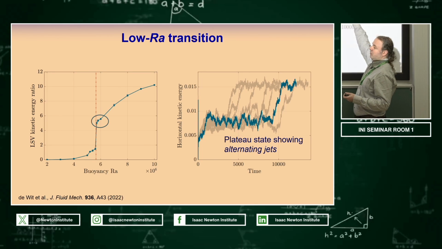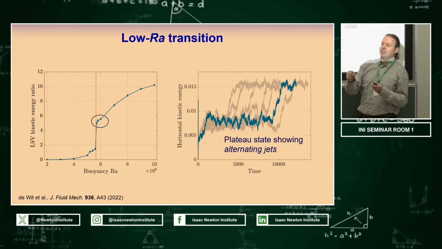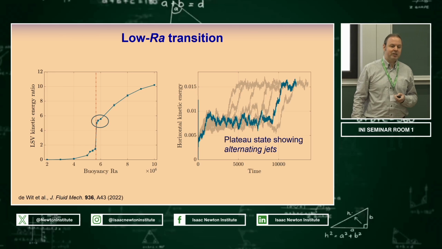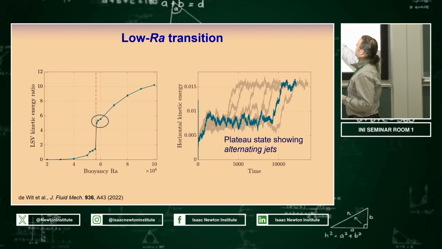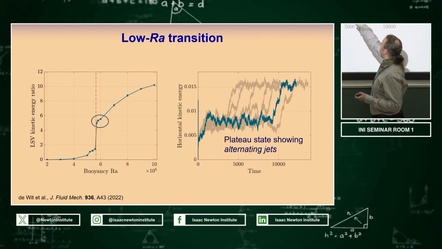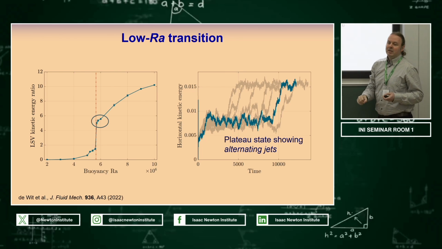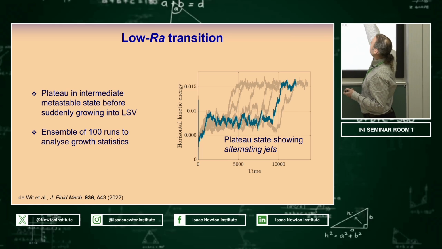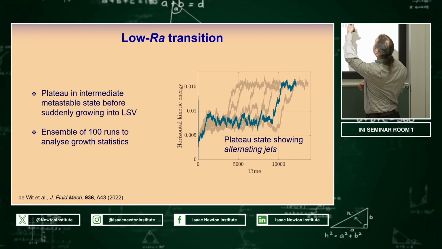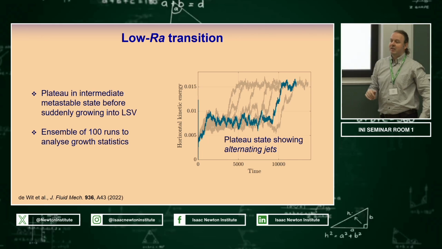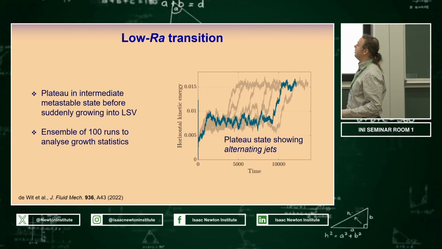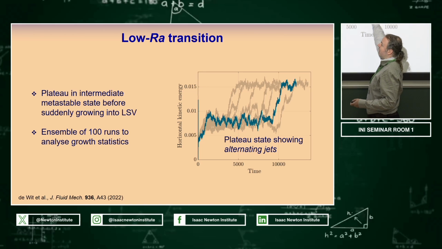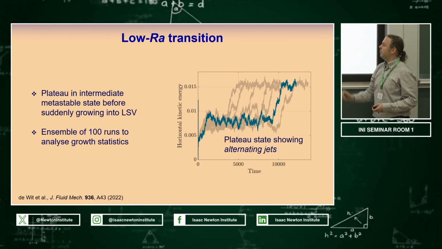And then it's just waiting for this final little trigger to be able to cross over to this large-scale vortex flow. We did several simulations, and you can see indeed the moment of transition shows a clear distribution. And in fact, past the jump, we can see that the final state is nicely aligned again at a very similar energy. So there's a metastable intermediate state, and it's just waiting for the trigger to happen.